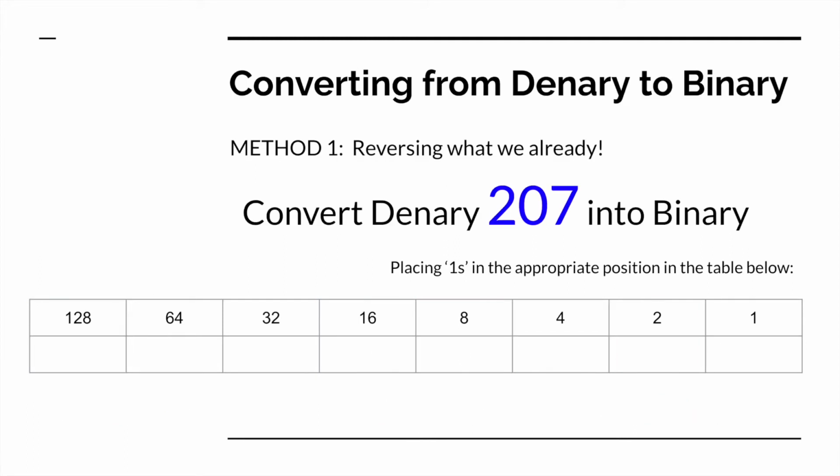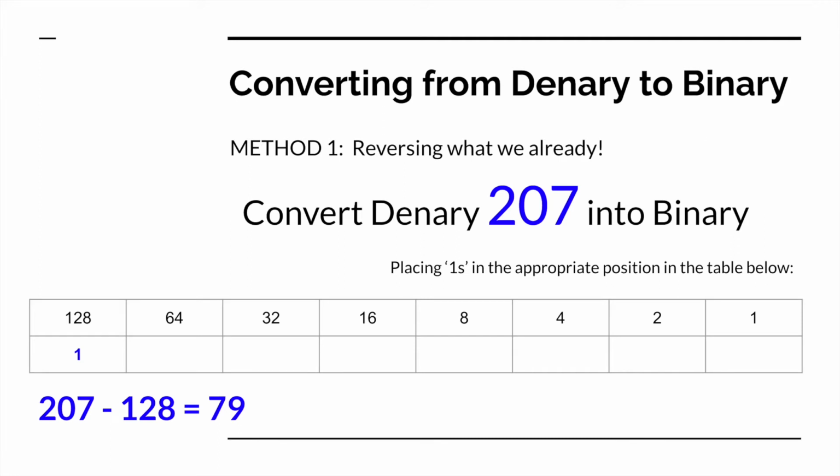Okay. So I'm going to do the same here, but now I've got 207, so I'm going to use a reverse method of doing this. So I've got 207, and I want to pop this into the same table. So I'm going to be placing ones and zeros into this table here. So if I put a 1 in the 128 column, I then need to take that away from 207.